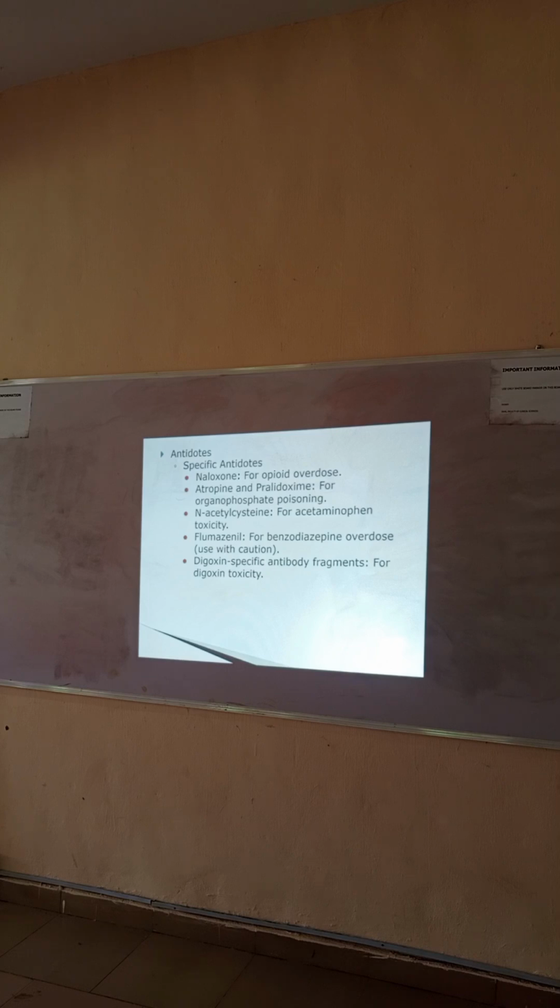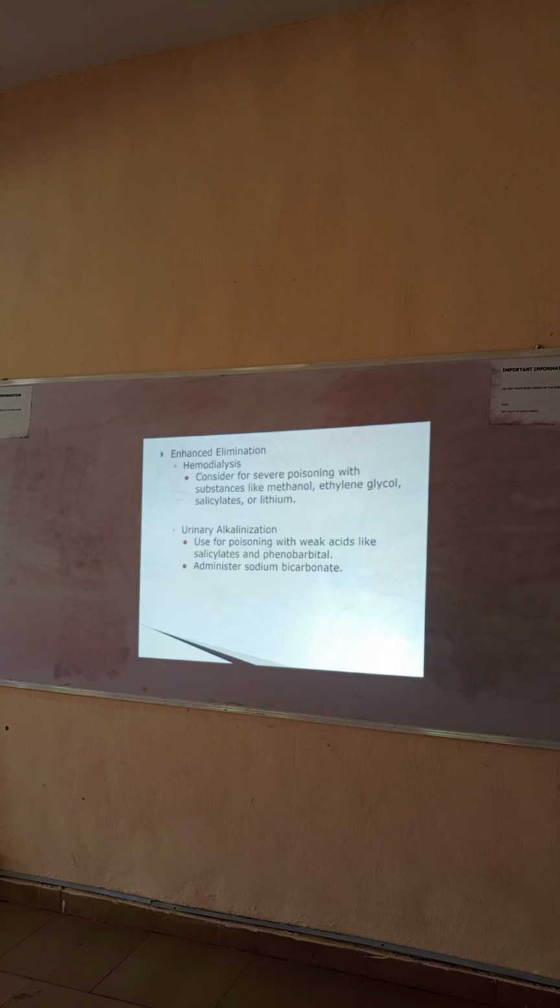The first one is naloxone for opioid overdose, atropine and pralidoxime for organophosphate poisoning, N-acetylcysteine for acetaminophen toxicity, flumazenil for benzodiazepine overdose, use with caution. Digoxin specific antibody fragments for digoxin toxicity.